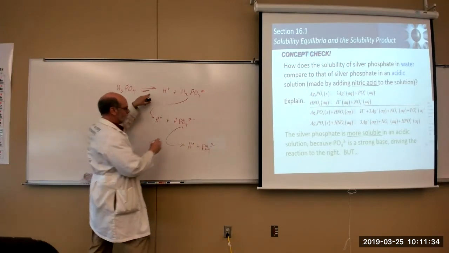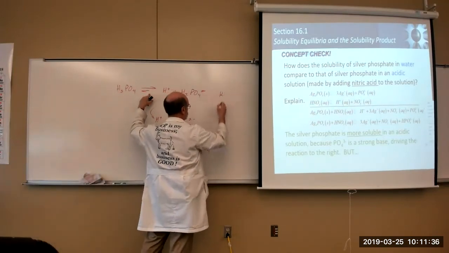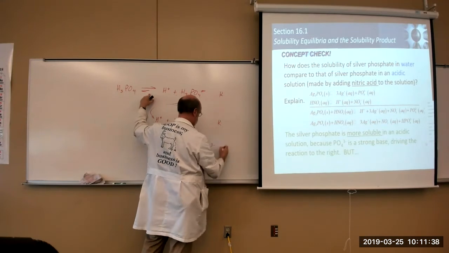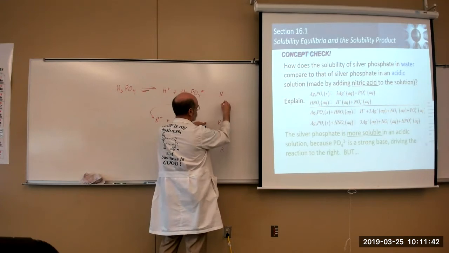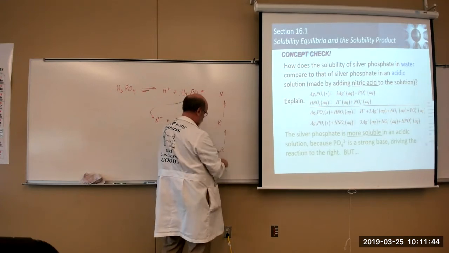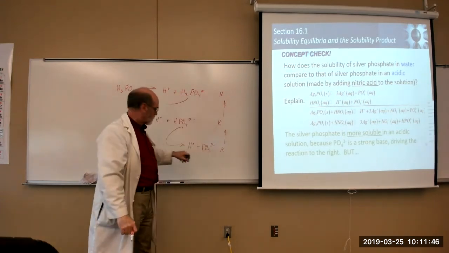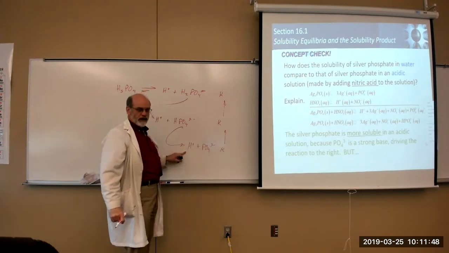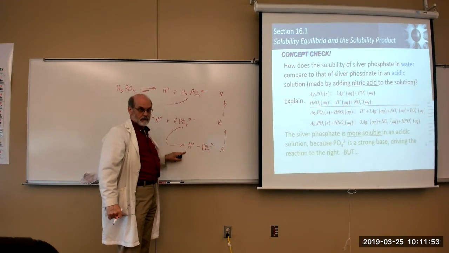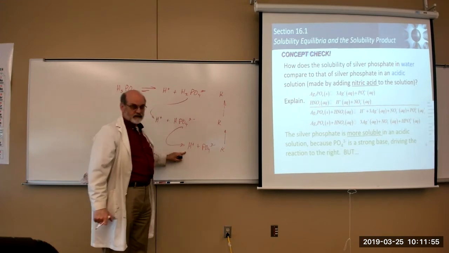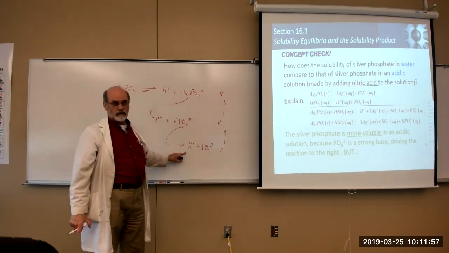So the K value here, K value here, K value here, decreases. This is the smallest one. Small K value means weaker acid. A weak acid makes a strong conjugate base.